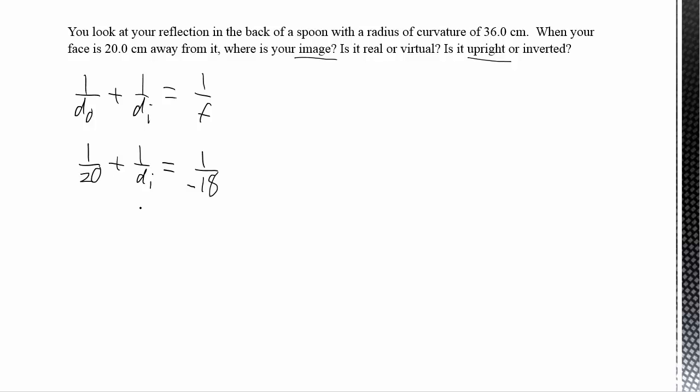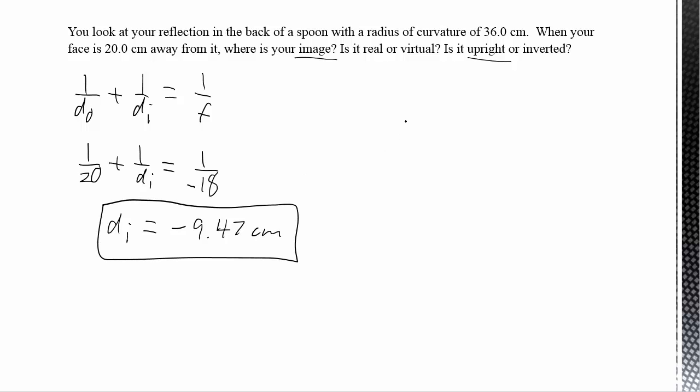Alright, from here it's a bit of algebra, and you can solve for the image distance, which comes out to be negative 9.47 centimeters. And we would expect it to come out negative because we know that we have a convex mirror.